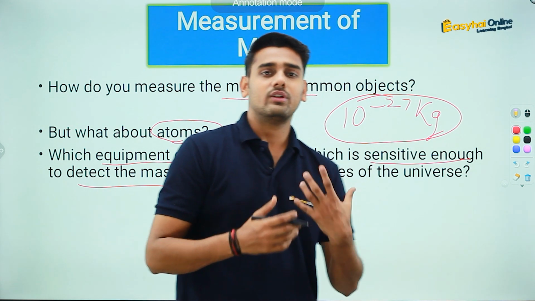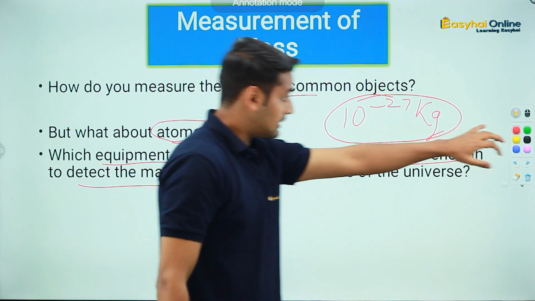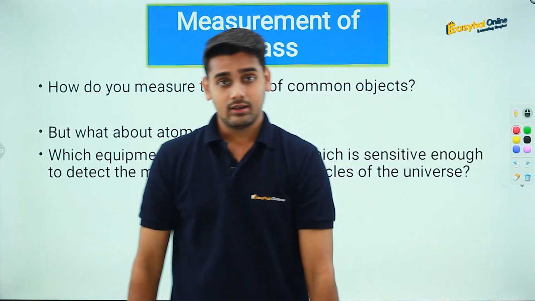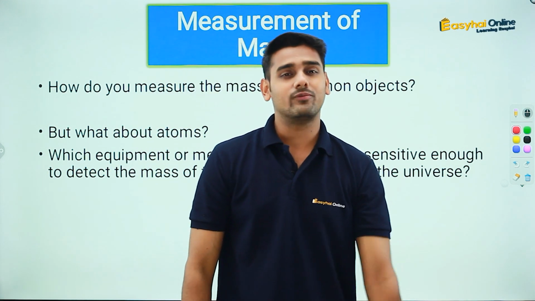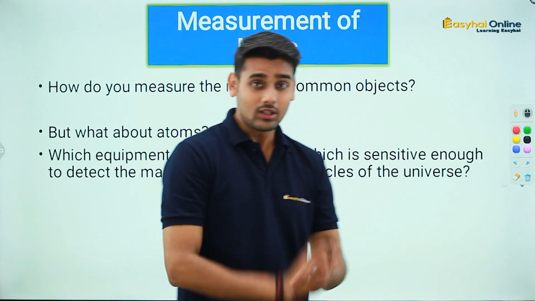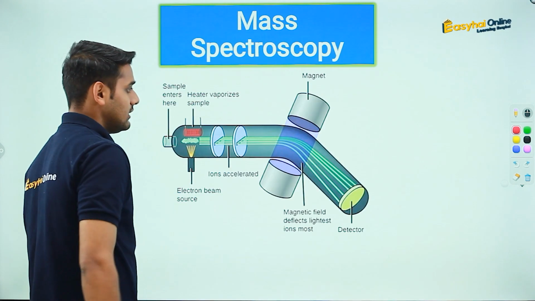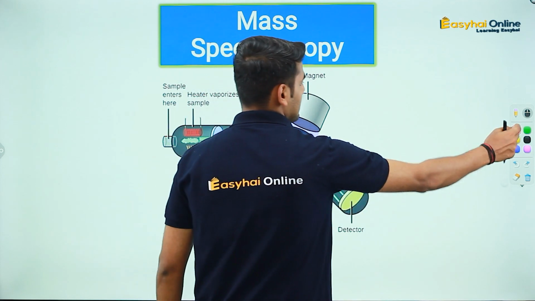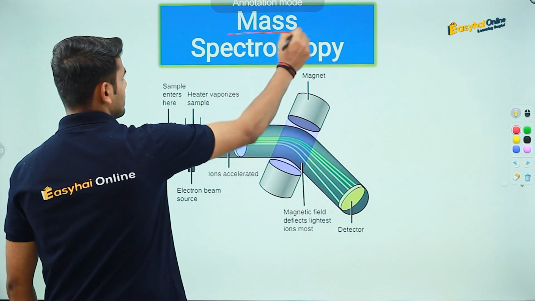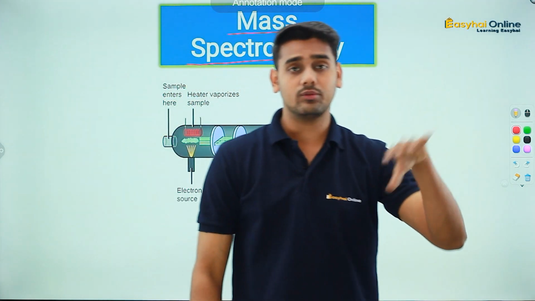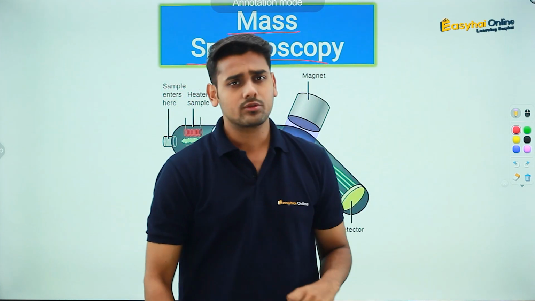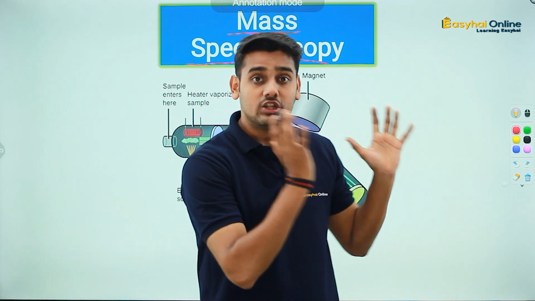Actually, we have that, and the technique used to detect the mass of the tiniest of tiniest particles in this universe is very brilliant. Let me tell you about that technique, and it is called mass spectroscopy. Its major details you will learn in higher classes, but here I'm just going to introduce you to the genius behind this.